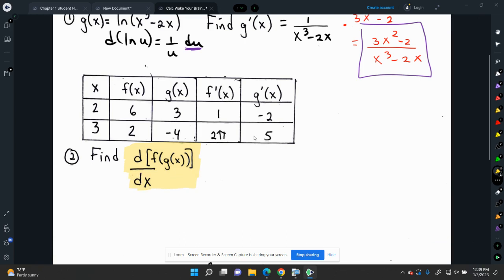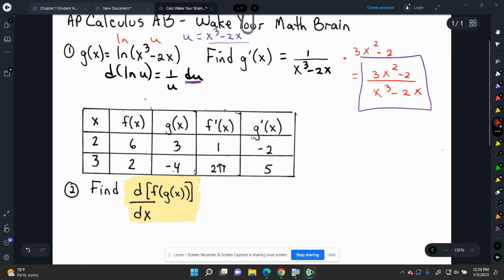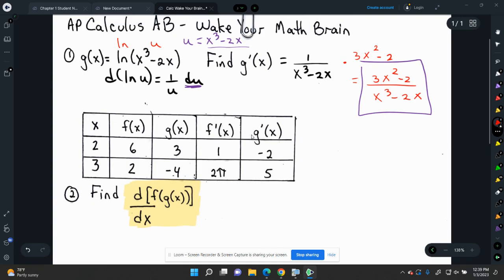This is technically the definition of the chain rule, right? Chain rule is used when we have a function composition, f of g of x. So if we're taking the derivative of f of g of x, that's when we do the chain rule, when it's a function composition. So this one up here, this is a function composition.